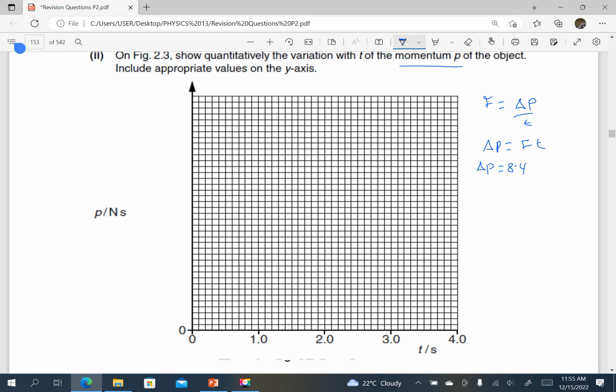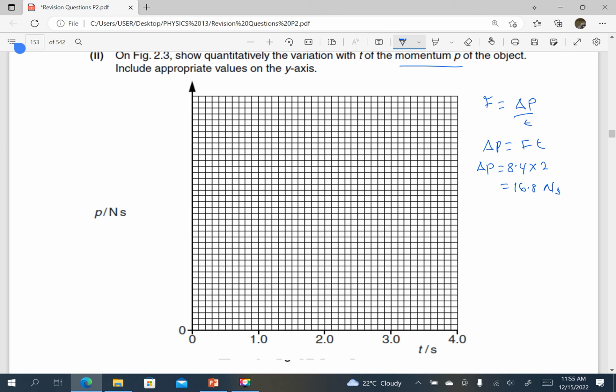So that will be 8.4 times the time, which is 2. So the change in momentum is going to be equal to 16.8 Newton seconds. That is the change in momentum for the first 2 seconds.